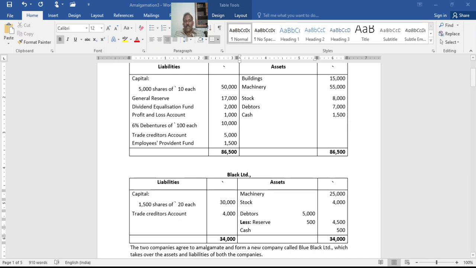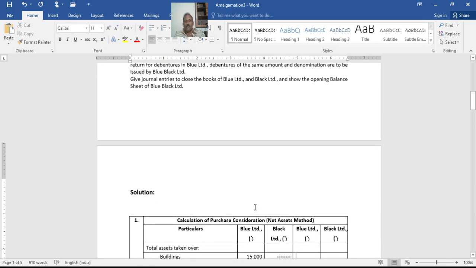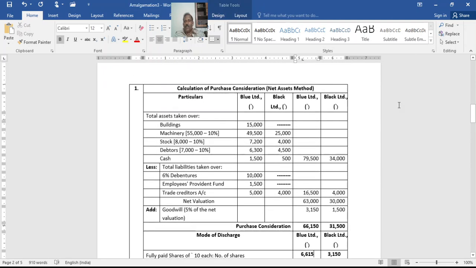So now look into the chart which shows the calculation of purchase consideration. First look into the Blue Limited column, where you see buildings at book value, balance sheet value 15,000, machinery 55,000 minus 10%, 5,500, net amount 49,500, stock 8,000 minus 10%, 800, so 7,200, debtors 7,000 minus 10%, 700, when you deduct it is 6,300, cash 1,500.